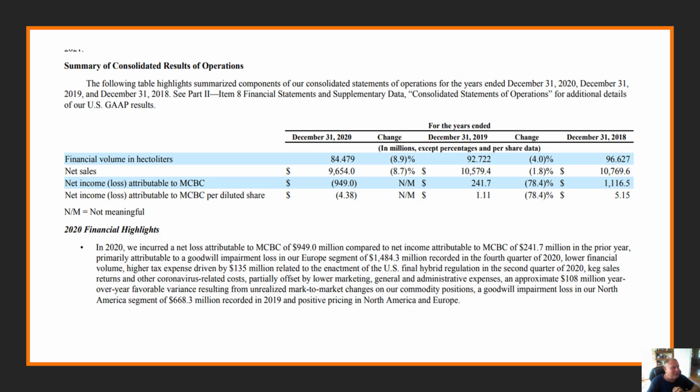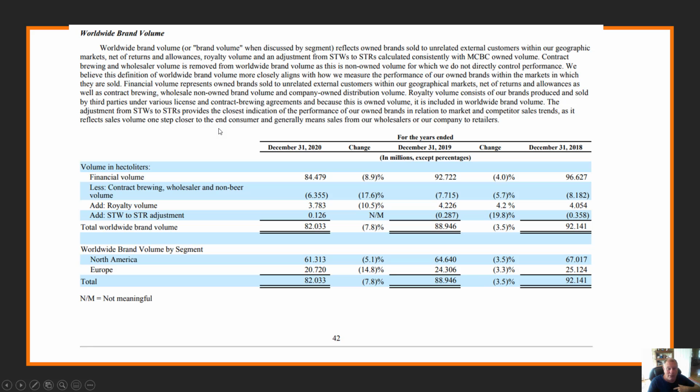Well, right out of the 10K, and if you went to the 10K and you're scrolling through it, you would have seen information such as this: volume in hectoliters, summary of operations. Here, there's a slide, and this is right from the 10K, worldwide brand volume.